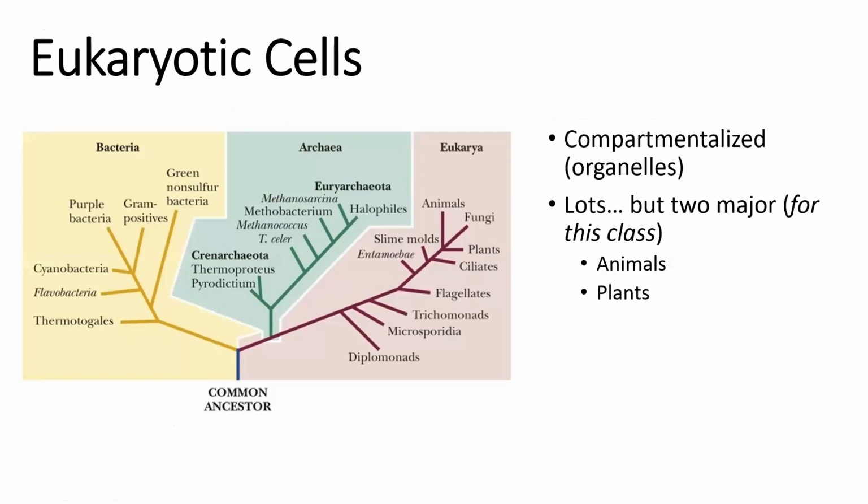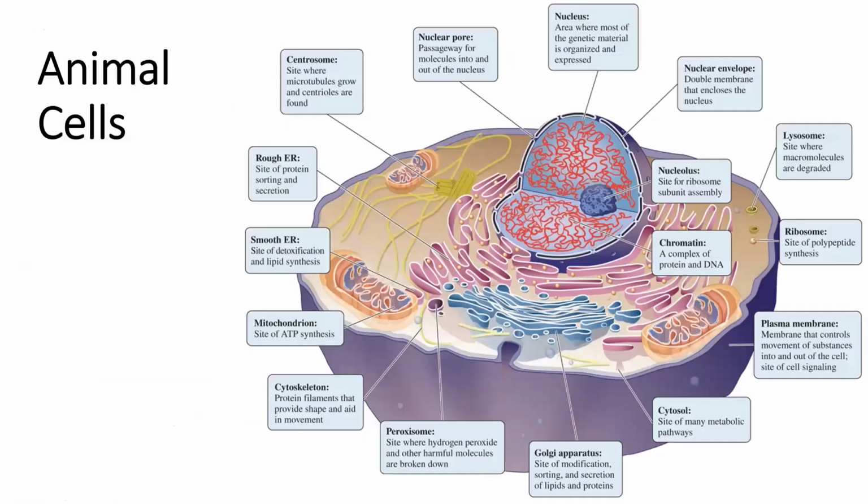Okay, there are lots of eukaryotic species in this class, but we're going to talk about 2 major ones, the animals and the plants, in this chapter. All right, you can see the animal cell, much more complex than the prokaryotic cell. You have a membrane-bound organelle known as the nucleus.